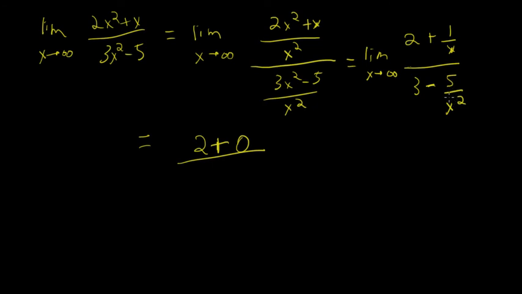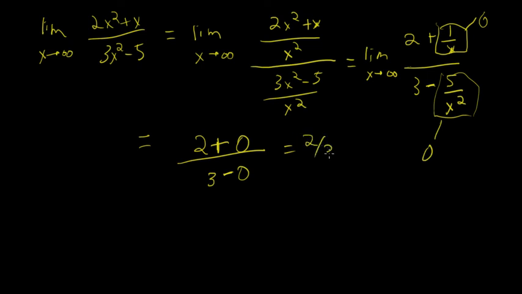Well, the size of those chunks will be really small and will approach 0 as the number of chunks becomes bigger. So as x tends to infinity, this term will also tend to 0. So you have in the numerator 2 plus 0, in the denominator 3 minus 0, and that's 2/3.